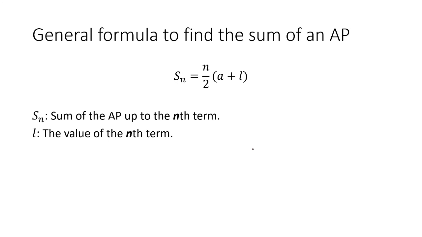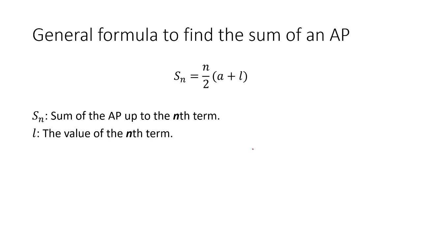Do you want the sum between the first term and the fourth term, or the first term to the 1000th term? As long as you follow this and it's an arithmetic progression, it will always give you the correct answer.